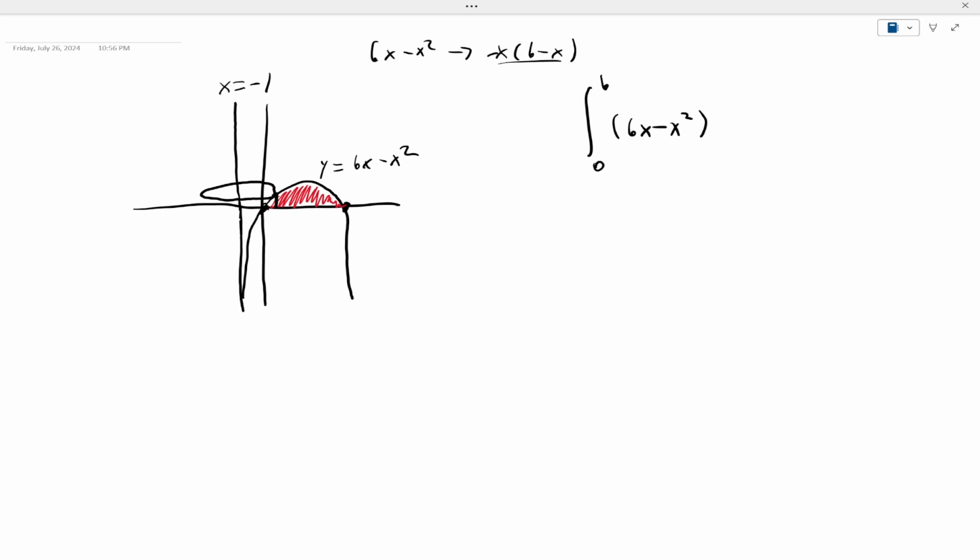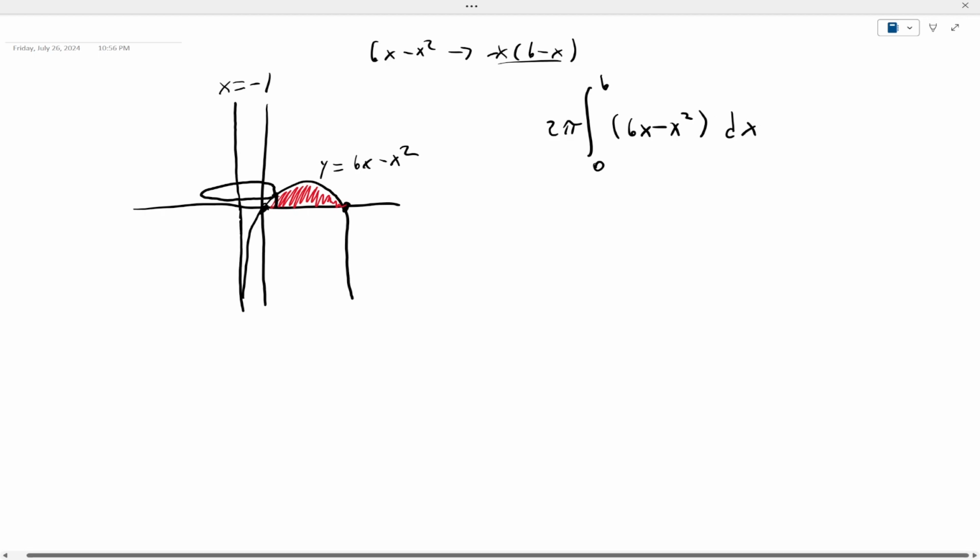If you were to just multiply this by 2 pi, then this would be the area rotated about the y-axis, right? But we're shifting it 1 to the left.